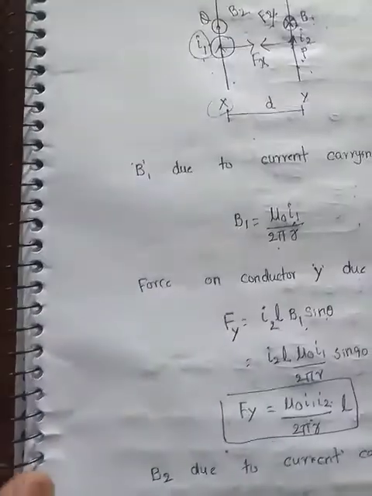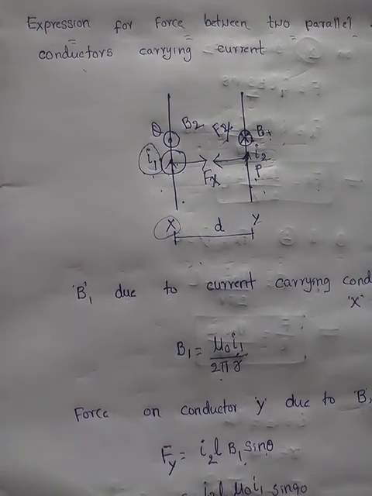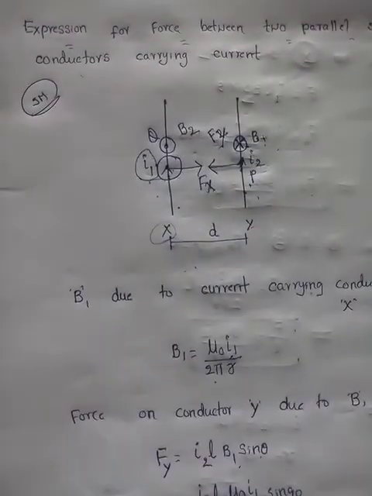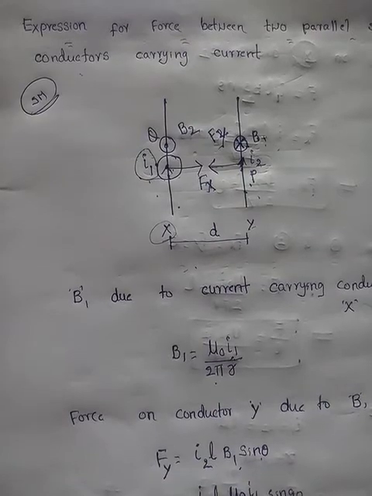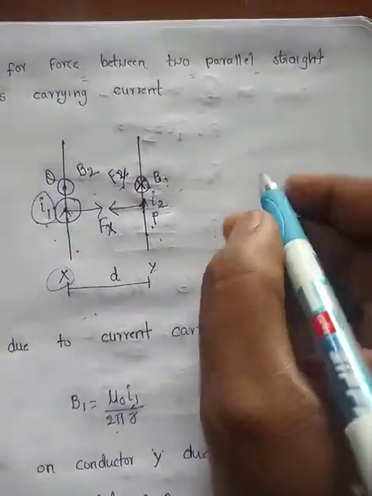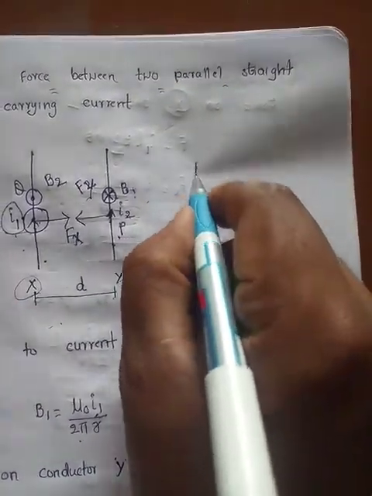In this chapter we have 2 questions: magnetic field in a circular loop along its axial line, or force between two conductors, 5 marks. If they ask one 6 to 7 times out of 10, the remaining times this is the question. This question is very simple. I am just revising the concept.